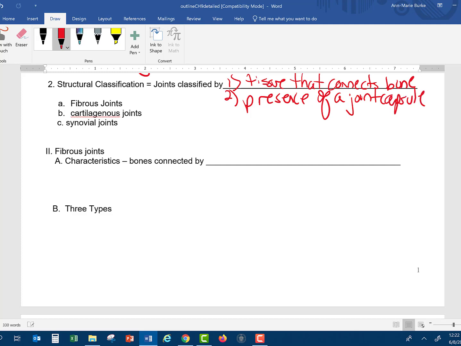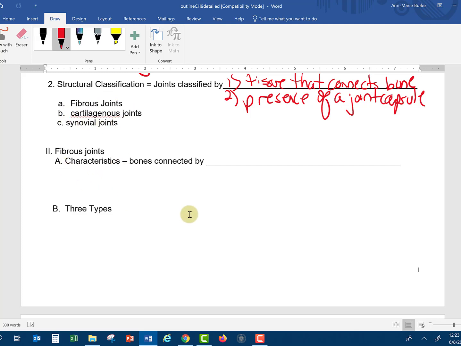What I mean by that is, where the two bones connect, is there a capsule going around the connection? Yes or no? There are three categories of structural classification: fibrous joints, cartilaginous joints, and synovial joints.